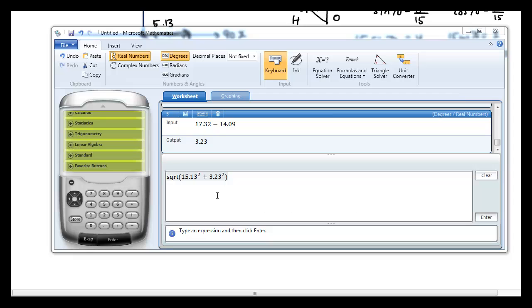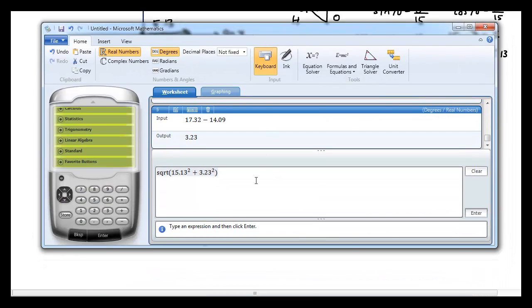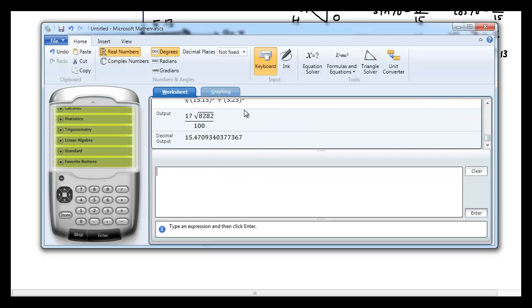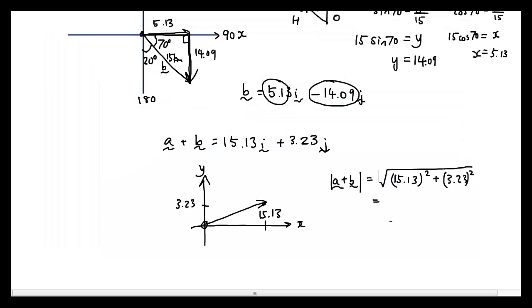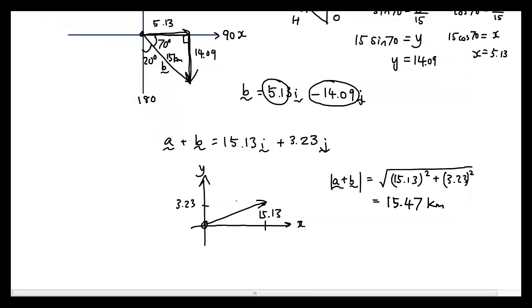So enter into the calculator the square root of 15.13 squared plus 3.23 squared, and the answer is 15.47. Okay, and then that's the magnitude. So it's in kilometers, and we have rounded it to 2 dp.